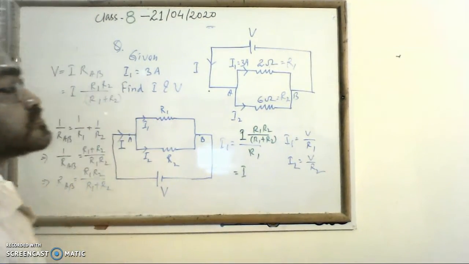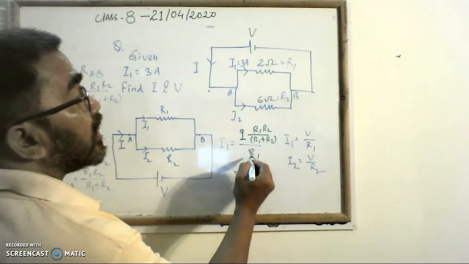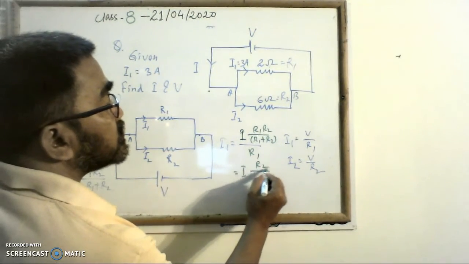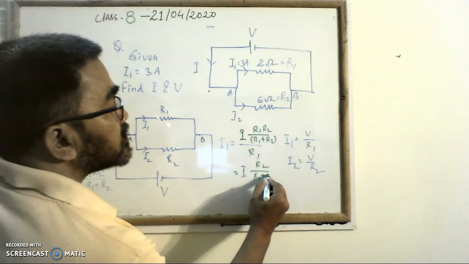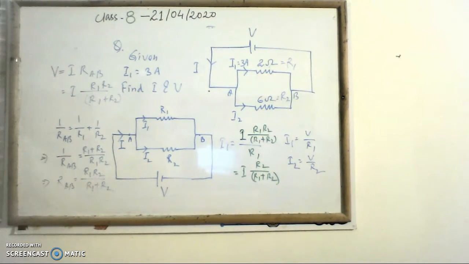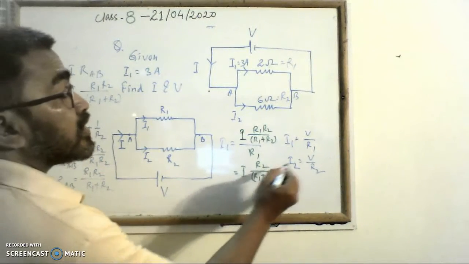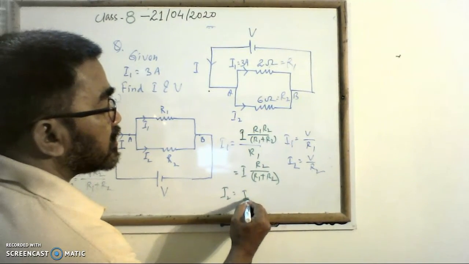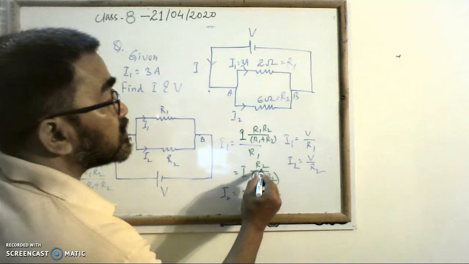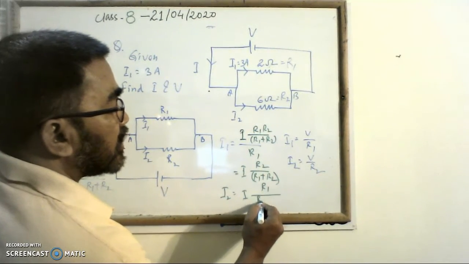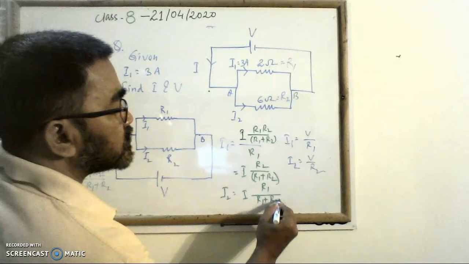So finally I1 is equal to what? R1 and R1 will be cancelled. I times R2 by R1 plus R2. This is important. Similarly, I2 is equal to I, in place of R2, R1 will be there, divided by R1 plus R2.